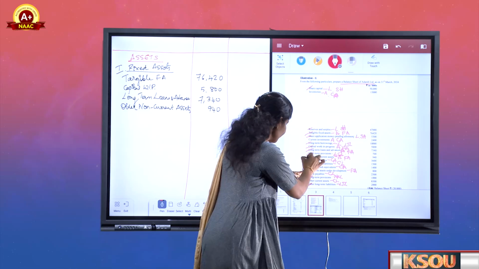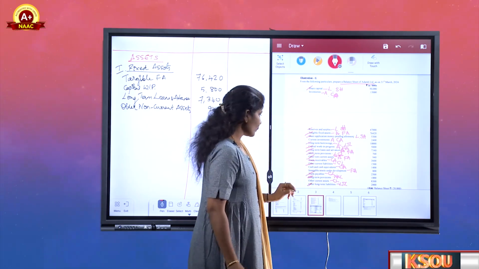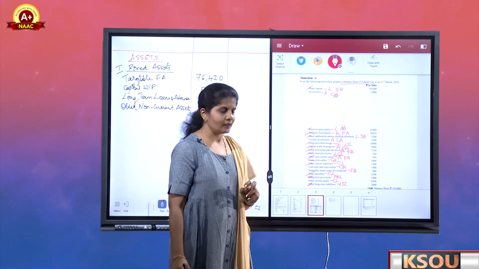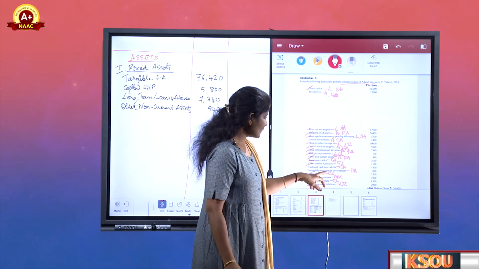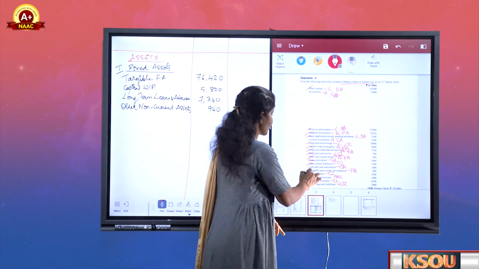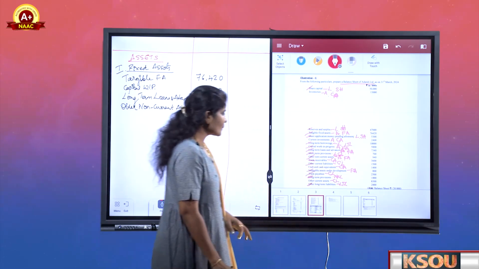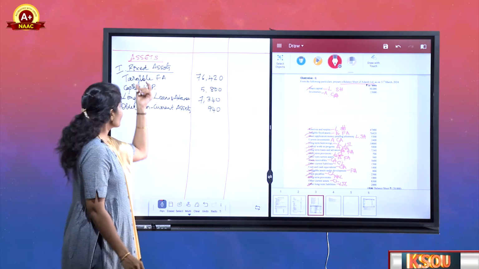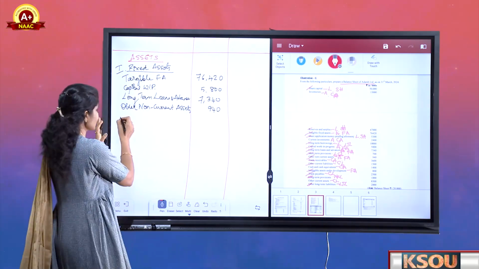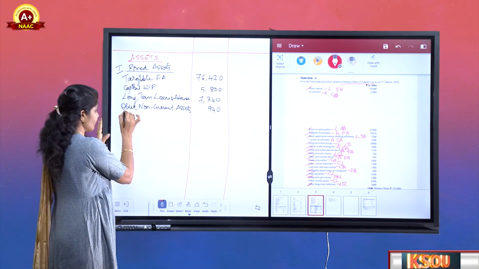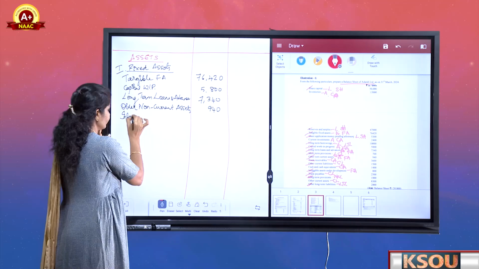Next, we have cash and cash equivalents. This is an item of current asset. Intangible assets under development is an item of fixed asset only because it is an intangible fixed asset.